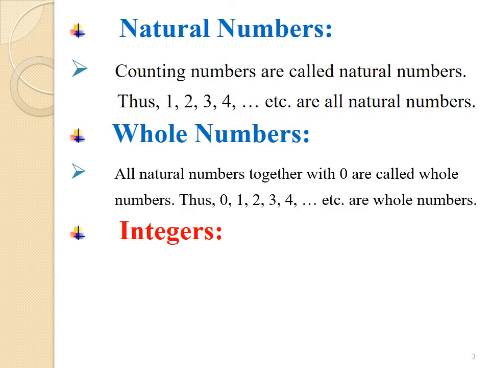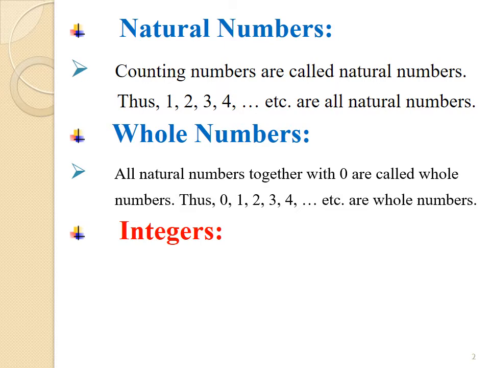Just as in the English language, the opposite of hot is cold and the opposite of day is night, similarly, in the number system, the opposite of plus 7 is minus 7 and the opposite of 100 is minus 100.